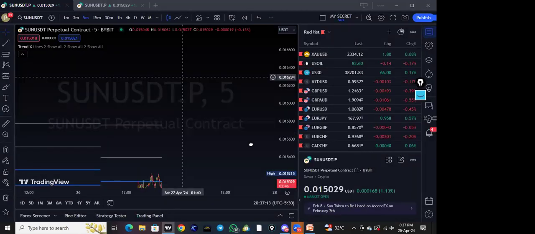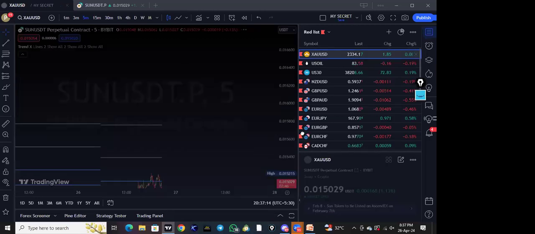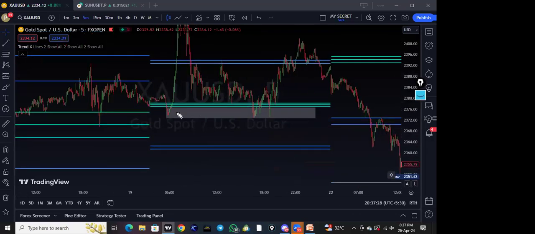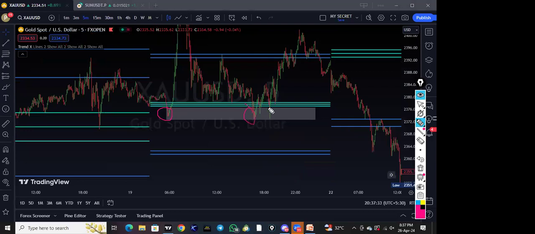It's making the same thing as this, but in forex and other pairs we won't see such a case. I see this many times in crypto, especially in many pairs. Whenever you see this case, mark this zone, and whenever you see any rejection from here, go for long positions in an uptrend. Or obviously if you are in a downtrend, go for a short. It will be above, somewhere here.